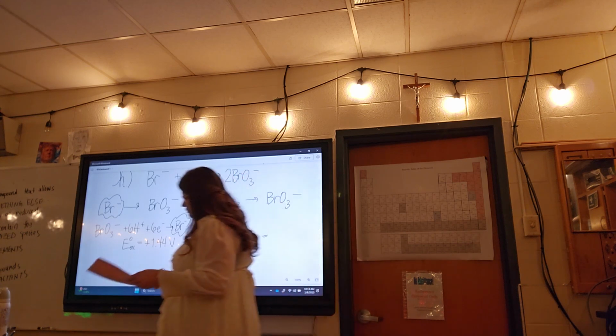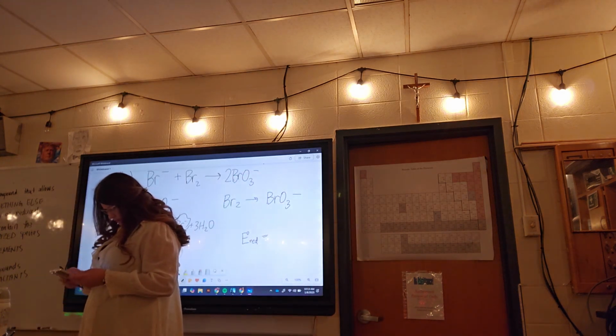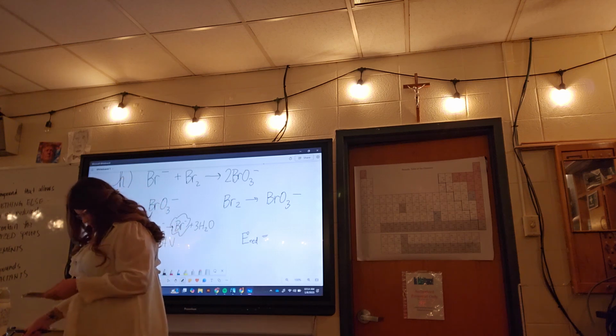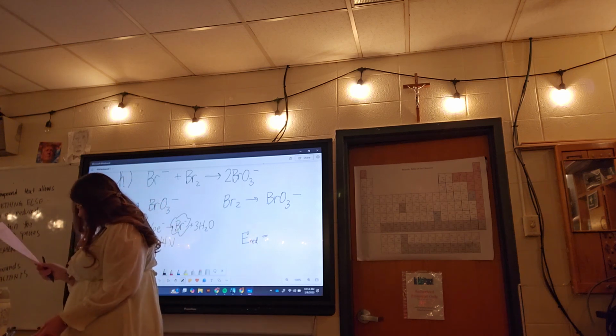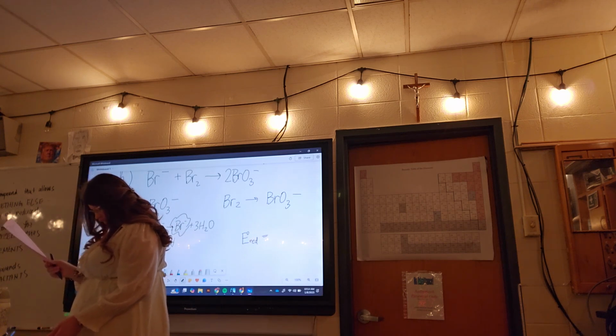Let me see what I put on my answer key. Is this one not even on here? Hang on a second. As a good fellow scientist, we better hold off. I think this is that trick. 1.08. That one's 1.07.